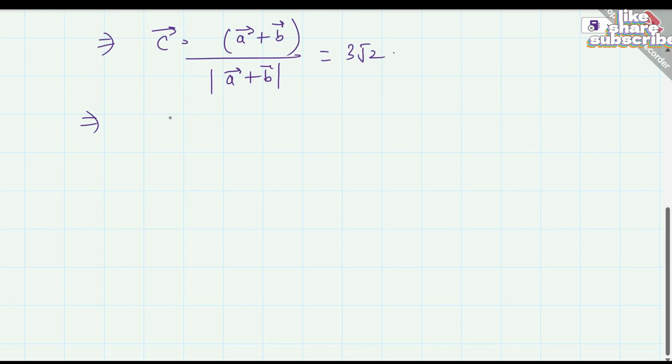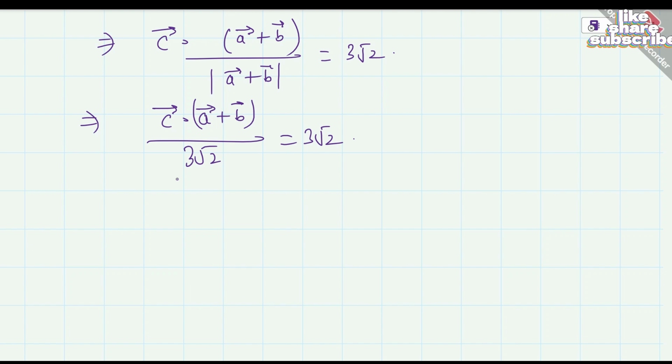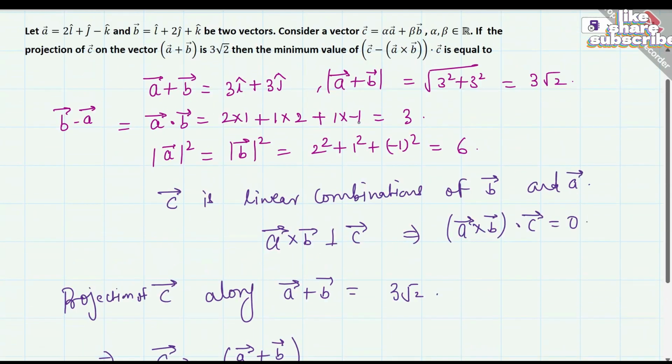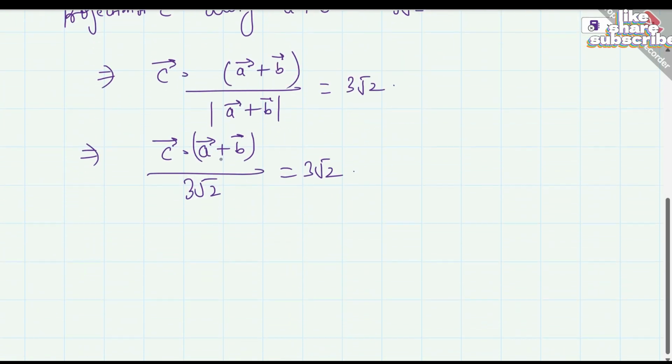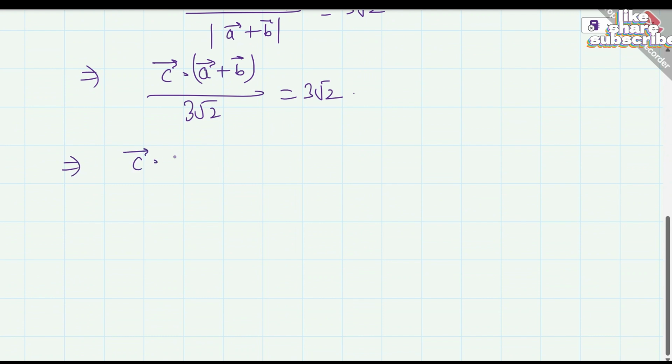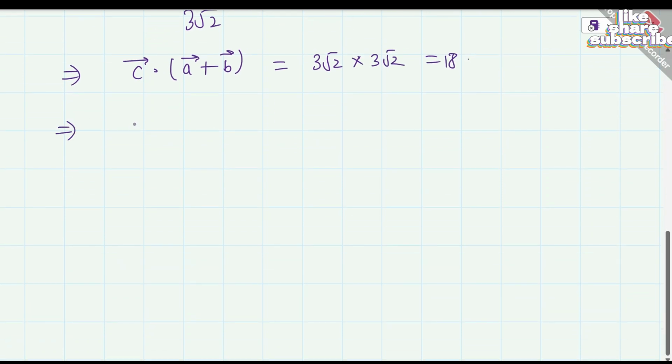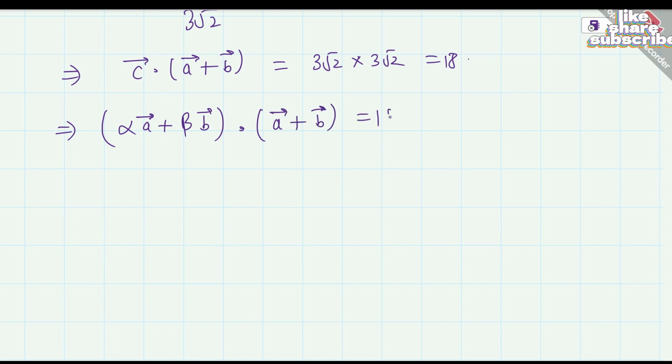This implies that vector C dot A plus B over 3 root 2 is equal to 3 root 2, as we have calculated the modulus of A plus B is equal to 3 root 2. So we have C dot A plus B is equal to 3 root 2 times 3 root 2, that is 18. Now we are given C is equal to alpha times vector A plus beta times vector B, dot vector A plus vector B, and this is equal to 18.